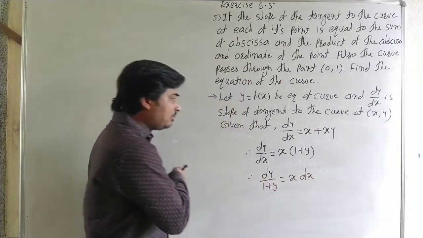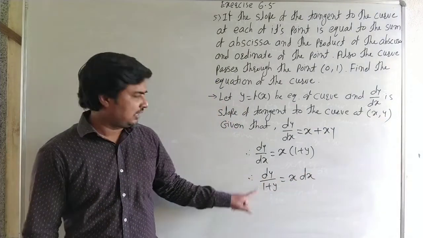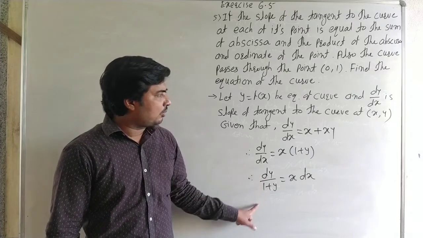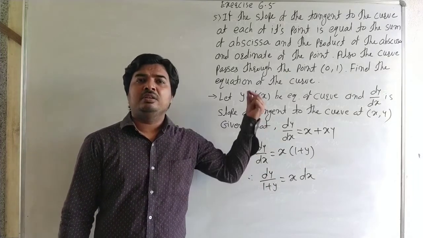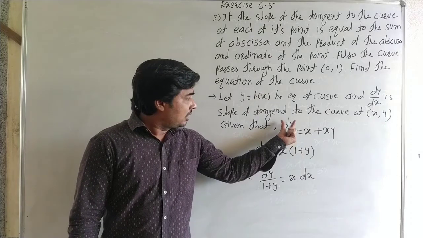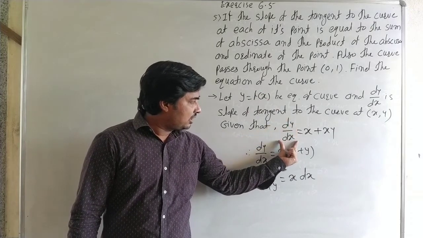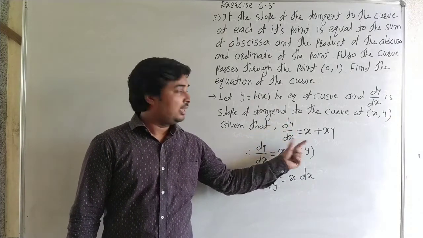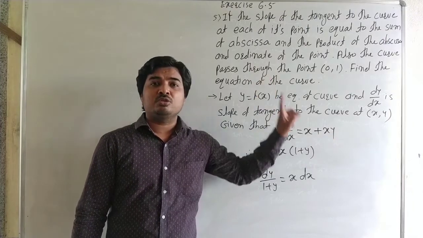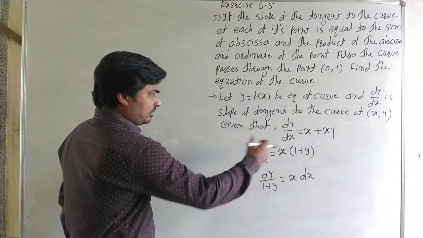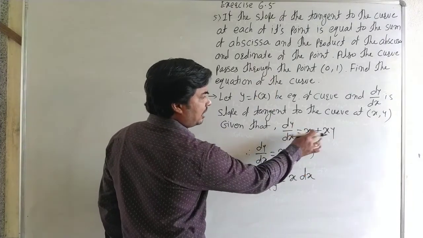Now it is in the variable separable form. It is also a linear differential equation in y: the degree of dy by dx is 1, and the degree of y is also 1. Here it is directly in variable separable form.